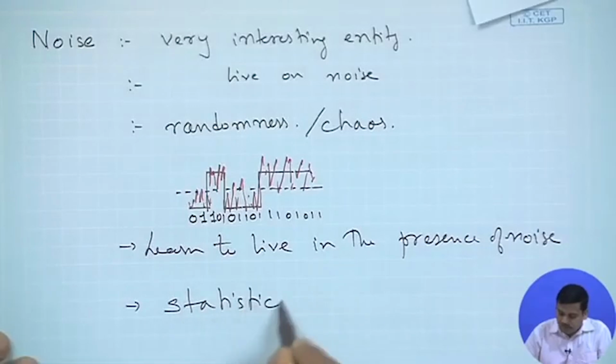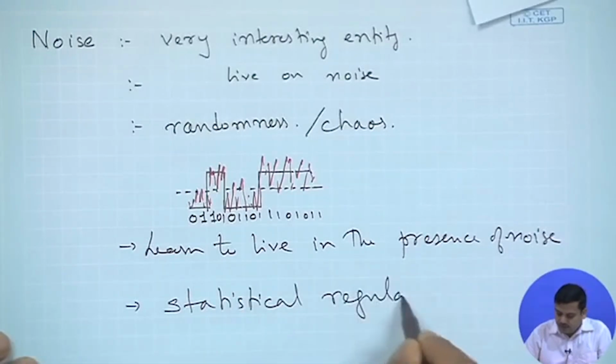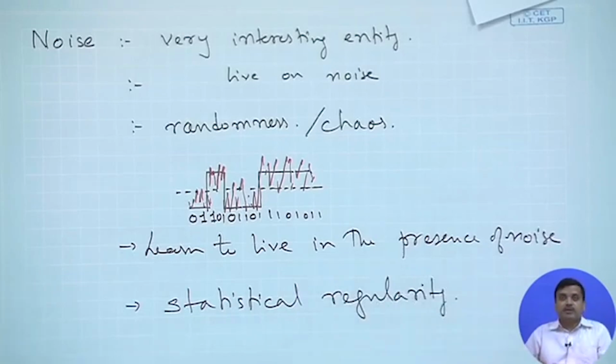Although noise is random, since you have studied noise probably in analog communication as well, still there is some kind of regularity in this. That means there is some kind of statistical regularity. Statistical regularity would mean that although there is randomness, that means I cannot predict what is going to happen in the next moment. When I send a 1, whether that 1 is going to become a 0 or remain a 1, I do not know, that is randomness.